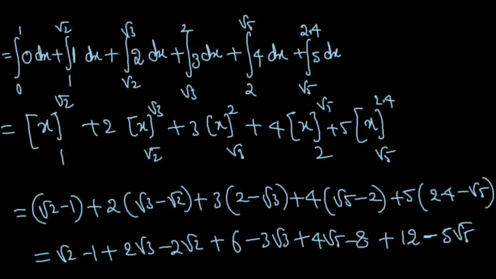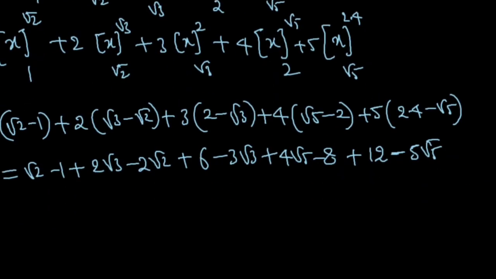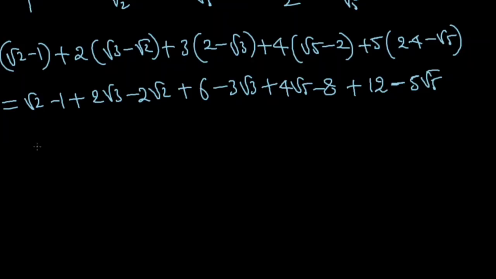Now I'll write all the values together. First, root 2 minus 2 root 2 is minus root 2. Next, the root 3 terms: 2 root 3 minus 3 root 3 is minus root 3.